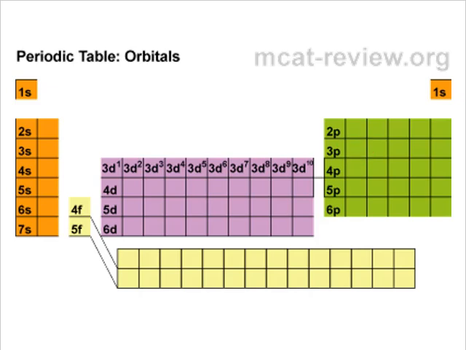Okay, now let's think about something slightly more challenging. Let's think about iron. Iron is number 26 on the periodic table. It is here. We're going to do the same thing though. Now you'll see that iron is in the 3d orbital.